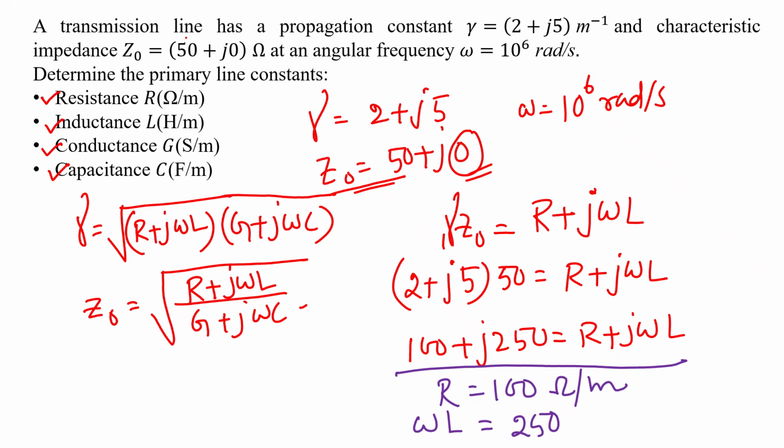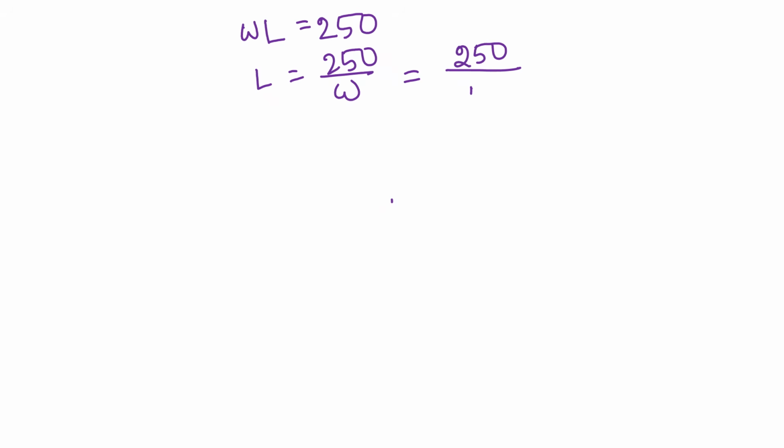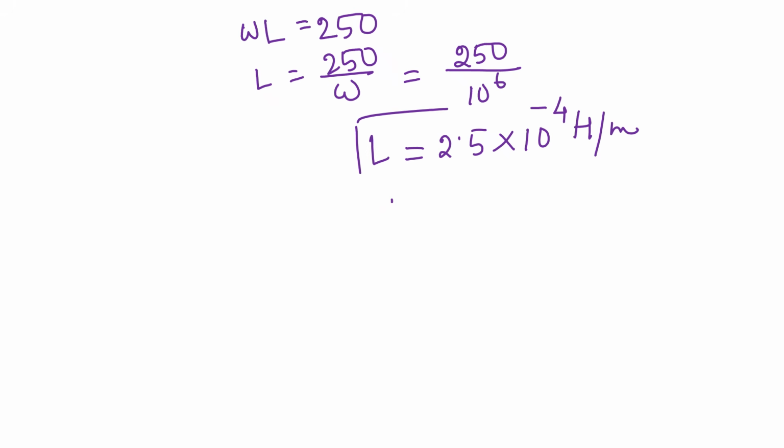From this we need to calculate the value of L. Omega L equals 250, so L is 250 by omega, and omega is already given as 10 to the power 6. If we replace these values, we get L as 2.5 into 10 to the power minus 4 Henry per meter. So this will be the final value of L.